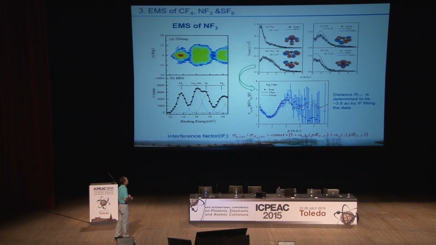And the distance R is also determined to be about 3 atomic units by interference factor fitting. So we can get the geometry of NF3.